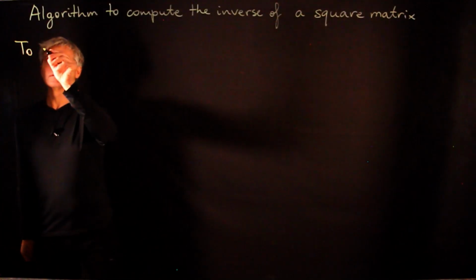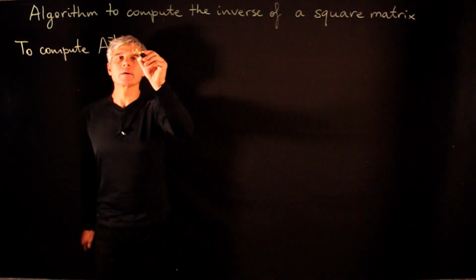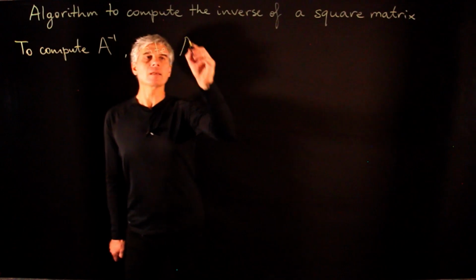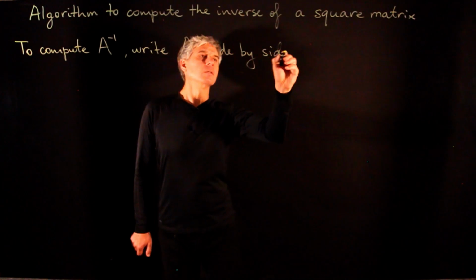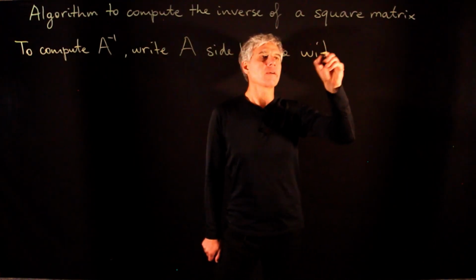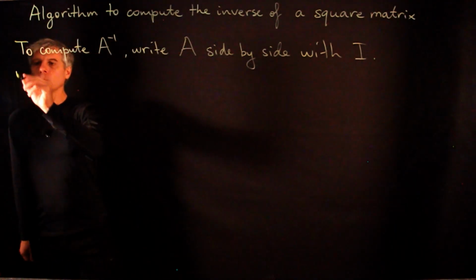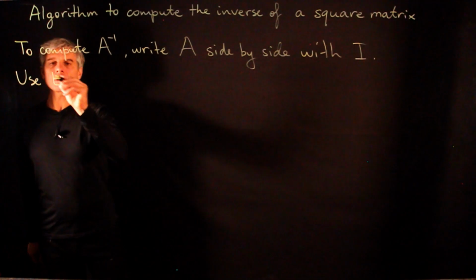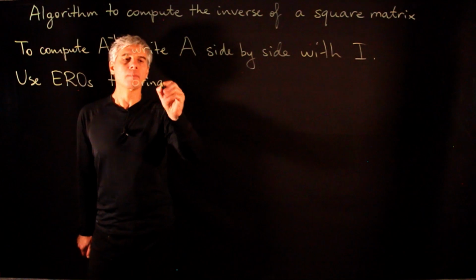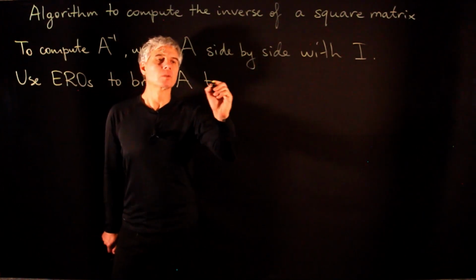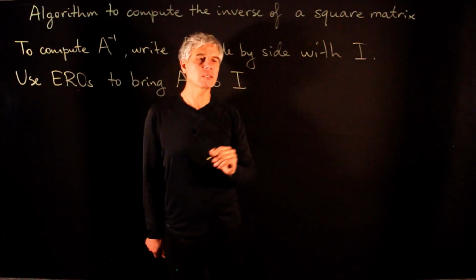So to compute A inverse, write A side by side with the identity matrix I. Then use elementary row operations to bring A to its reduced row echelon form, which is the identity matrix.